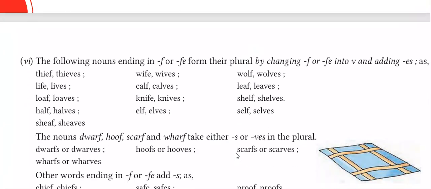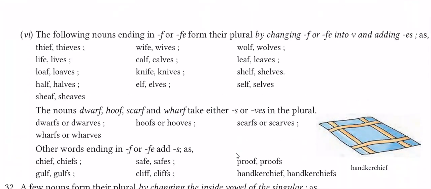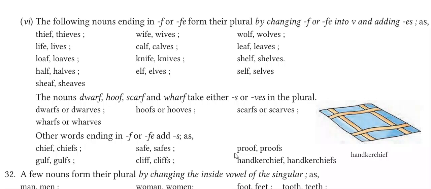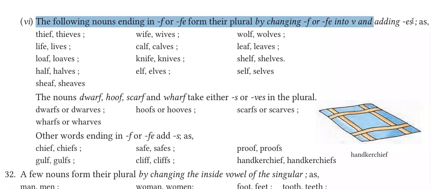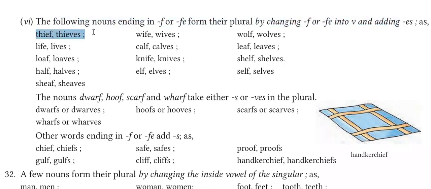Let's move ahead and talk about some more things. Rule number 6 says that the following nouns ending in f or fe form their plural by changing f or fe into v and adding es. For example, thief becomes thieves. We change f to v and add es.